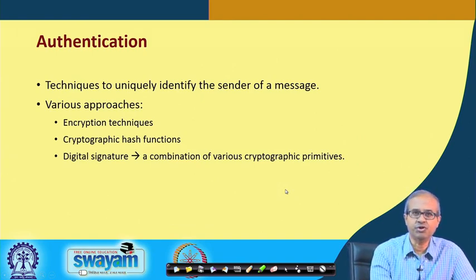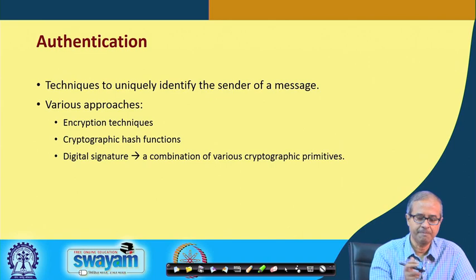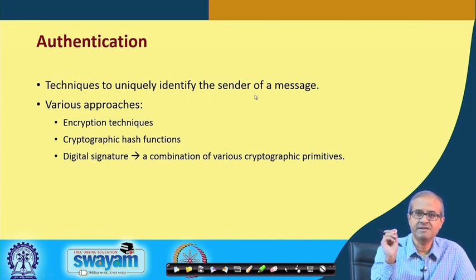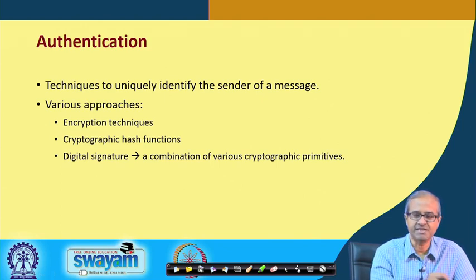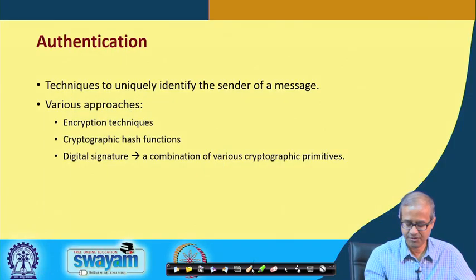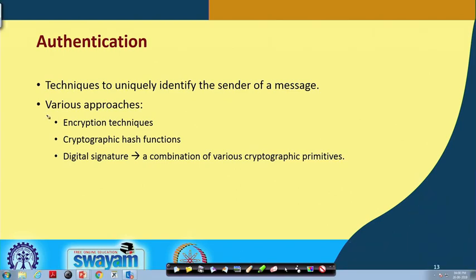Now, the other thing I told you about is authentication. Here also we will be talking about some techniques in more detail. Authentication is a very important cryptographic primitive, which is again used in many security applications. This consists of techniques to identify the uniqueness of the sender of a message, that is, who is the sender. There are various approaches that can be used for this kind of authentication.